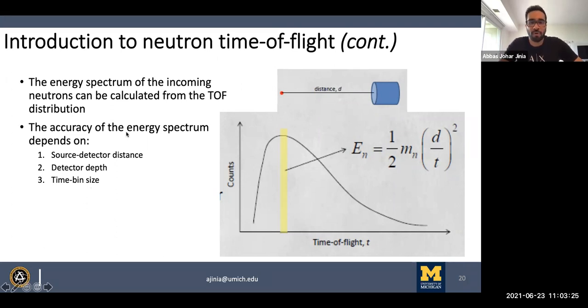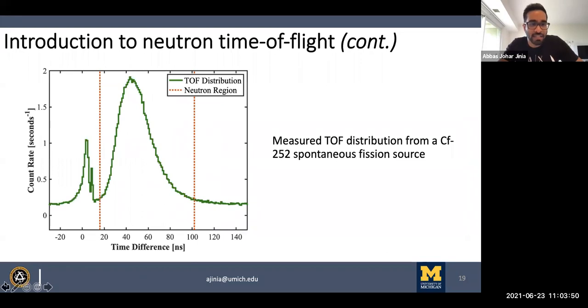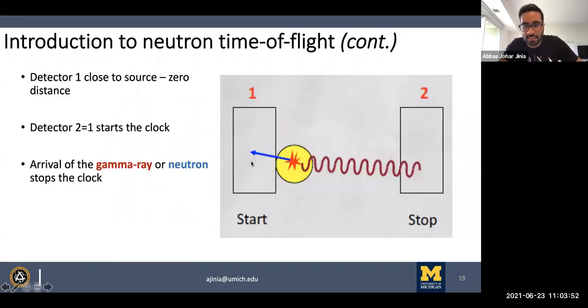Now, there are three parameters that determine the accuracy of your energy spectrum. One is your source to detector distance, how accurately we know the distance, and the detector depth. The reason we are talking about detector depth is that there is a hidden assumption here: in your start detector, every time a fission happens, the radiation will interact instantaneously.